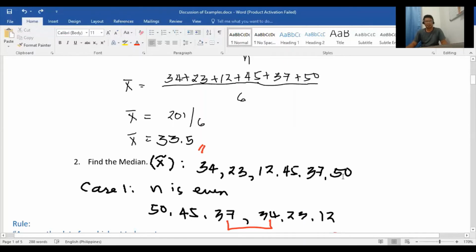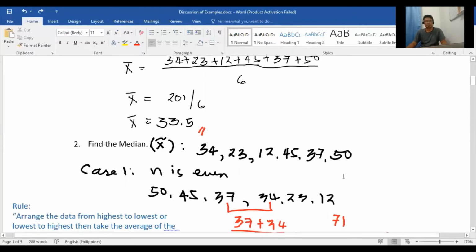In finding the median, we have to consider two things: the number of data set provided. If the number of data set given is even, and if the number of data set given is odd.